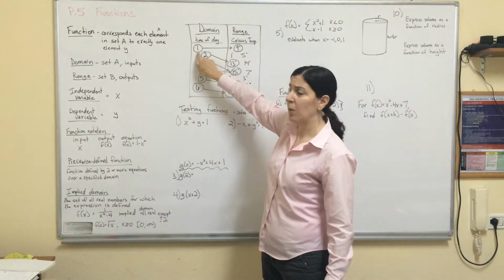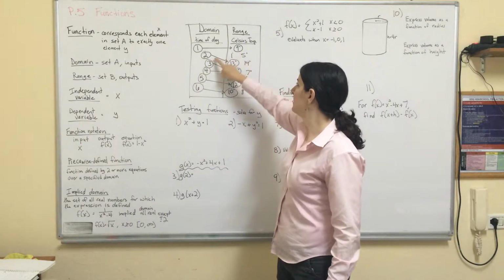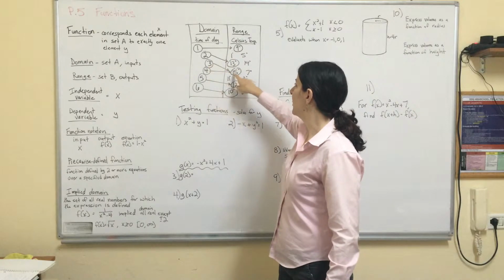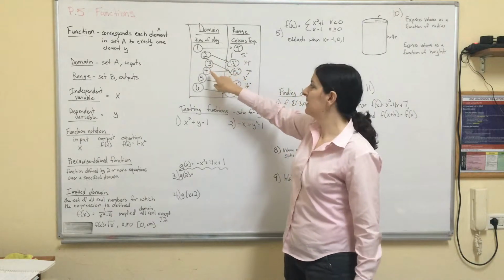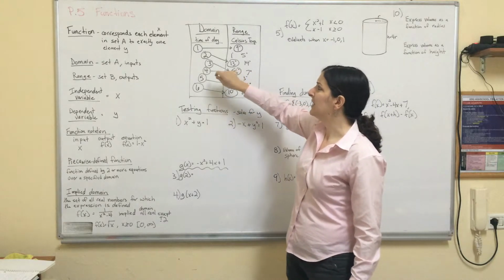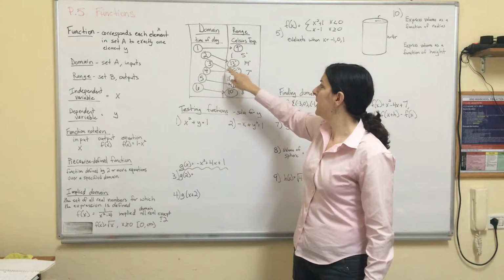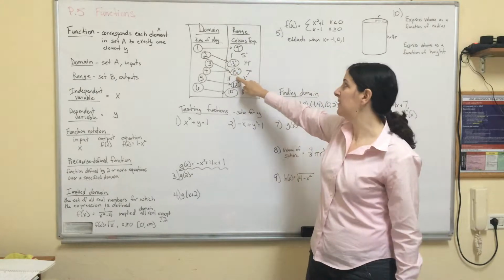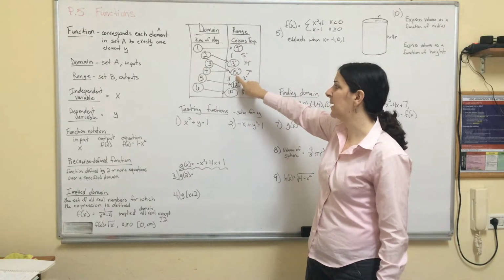You can see at 1 o'clock it was 9 degrees, 2, 13, 3, 15. You can see that 4 o'clock was also 15. That's okay because it says it's exactly one of them. It can be the same as a different one from set B.